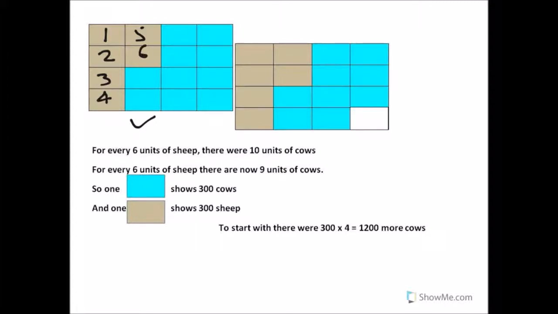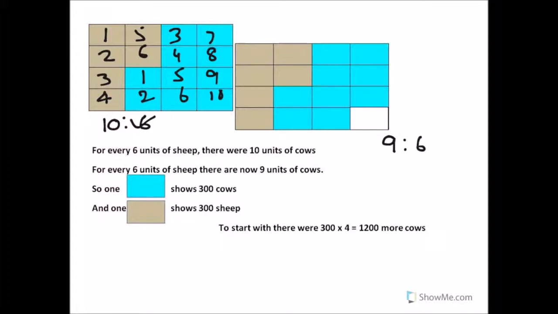10:6 was the ratio of cows to sheep. So 6 parts show the number of sheep in the farm, and these 10 parts are used to show the number of cows in the farm. Here again the ratio is 9:6.